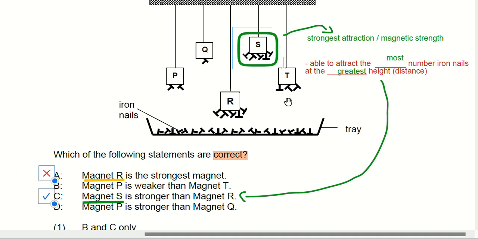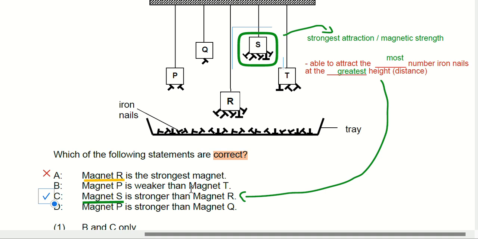By simply comparing S and R, the number of nails attracted are the same, but the one that's able to attract the same number of nails at the furthest distance is the magnet of strongest magnetic strength, because there's only one changed variable in this case, which is the distance, the different height above the tray.